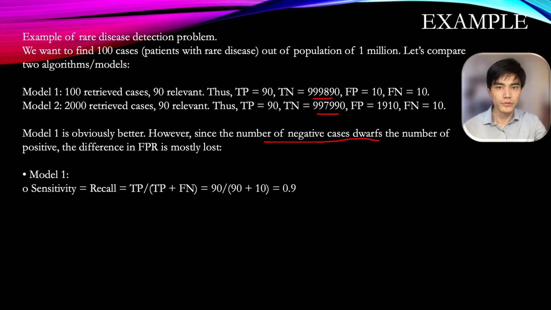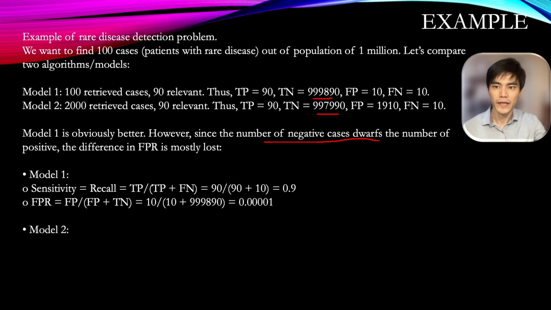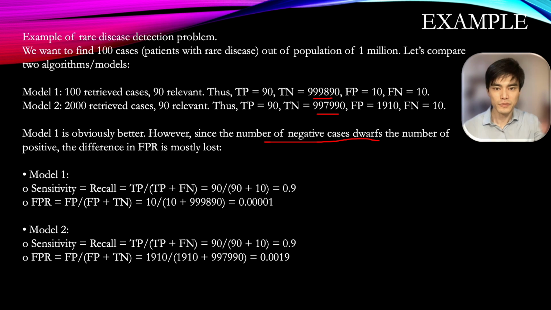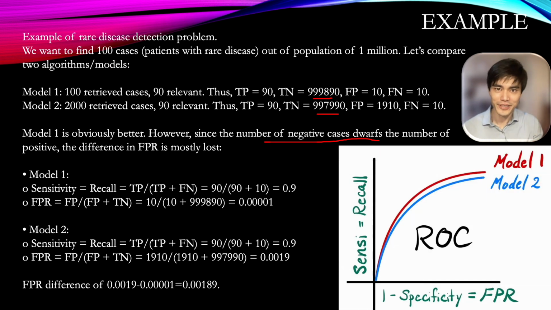So when you plot this on ROC, sensitivity is 0.9 and false positive rate is 0.00001. For Model 2, sensitivity is still 0.9, and false positive rate is 0.0019, which is not that big of a difference between the two. So when you plot it, you don't quite see which did better, Model 1 versus Model 2.